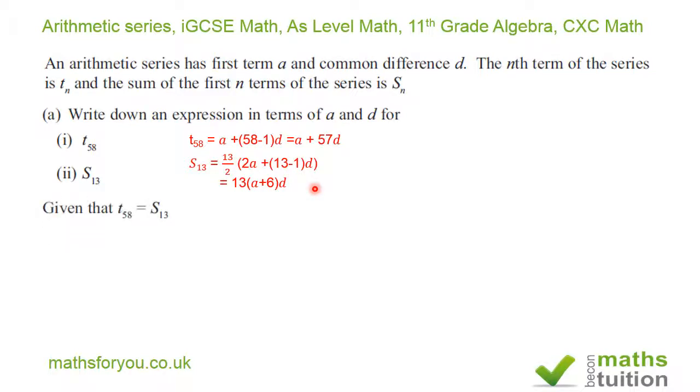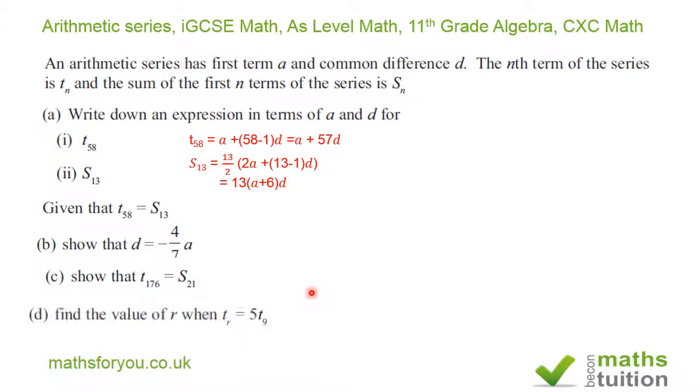Moving on, part B says given that t sub 58 is equal to s sub 13, so those two are equal, show that d is equal to minus 4a over 7. For part C, it says show that t sub 176 is equal to s sub 21, so the 176th term is equal to the sum of the first 21 terms.